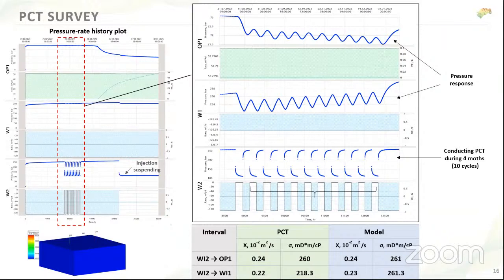Yes, if we have a greenfield, of course, PCT will also provide the same information as it always will: transmissibility and diffusivity of the reservoir, and connectivity between the wells.